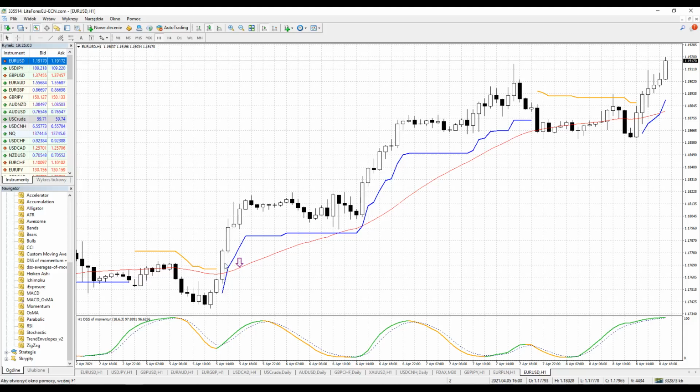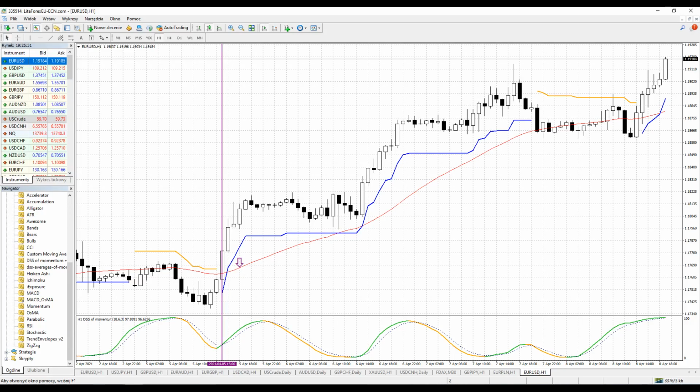So in both cases we met the criteria. The next thing we have to check in addition is the line of the DSS of Momentum at the signal candlestick. Let's have a look.